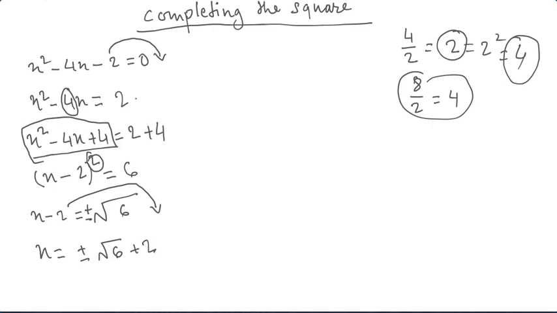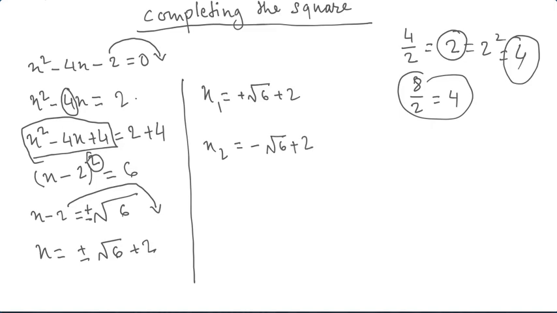Okay, this means now we have x is equal to 2 plus root 6, no need to write the plus sign. Okay, let's write it to understand it. Root 6 plus 2 is x1 and x2 is 2 minus root 6.